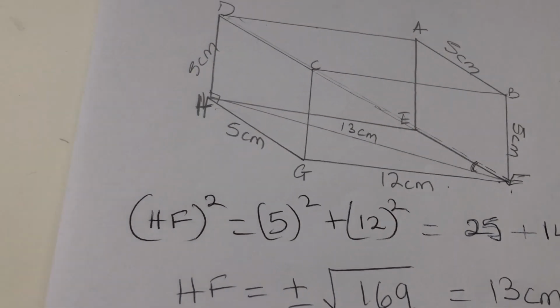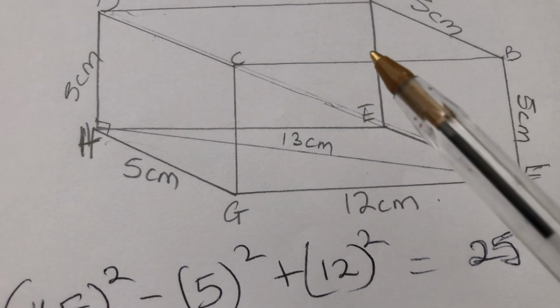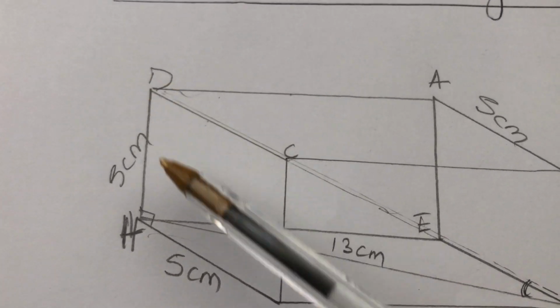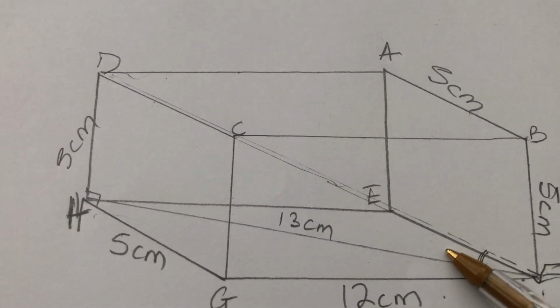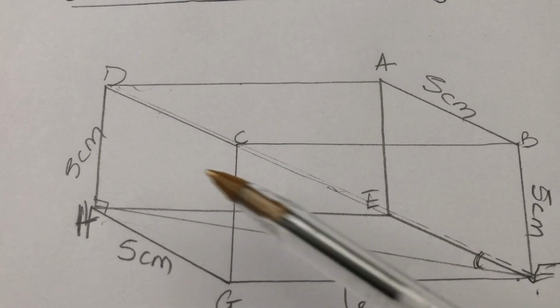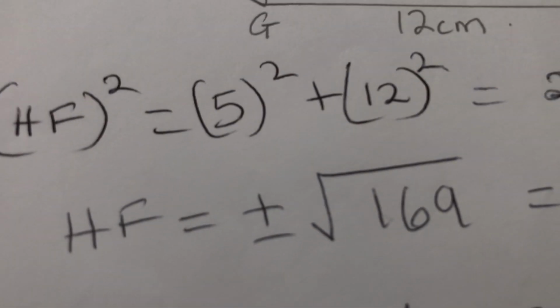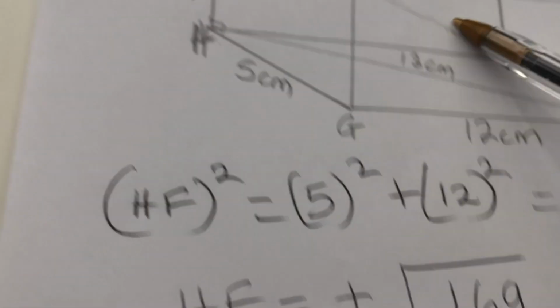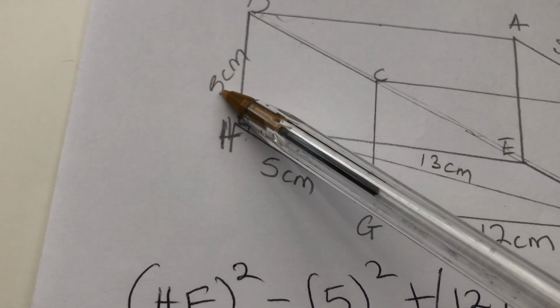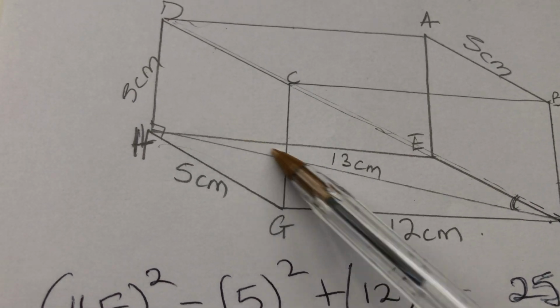So now let's go on. We found the diagonal this side, from here to here, and that is 5. We want this angle, so we know the opposite and we know the adjacent, which means we are going to use tan. The opposite is 5 and the adjacent, which is the one we found, is 13.